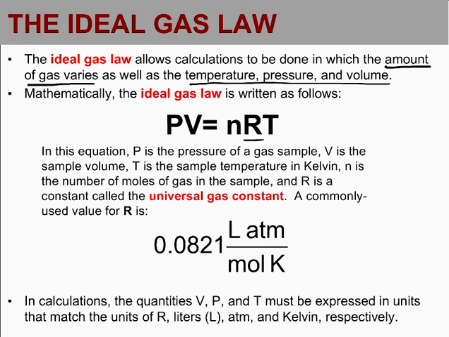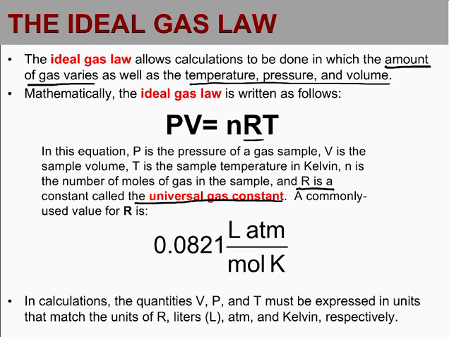So what is that gas constant R? So we're going to call R the universal gas constant. And for our purposes, we're going to use the value of 0.0821 liters times atmospheres over moles times Kelvin. That's going to be our universal gas constant. Now, you can express this gas constant in different units, and that will change the value of the gas constant.